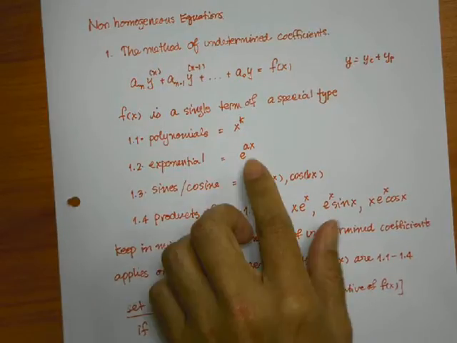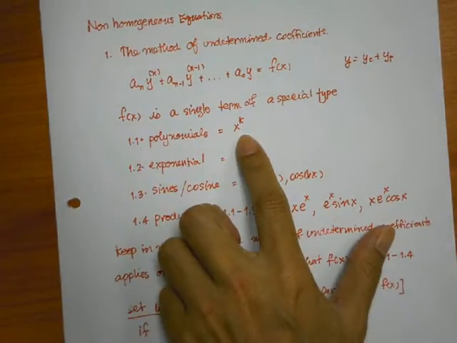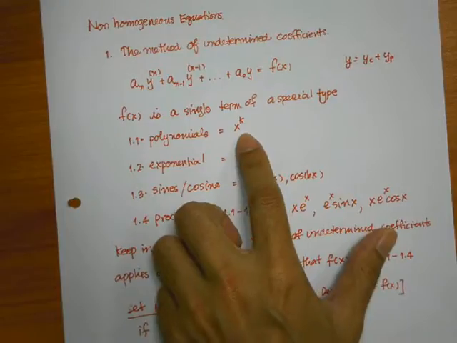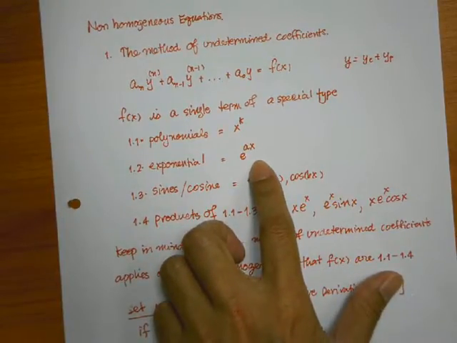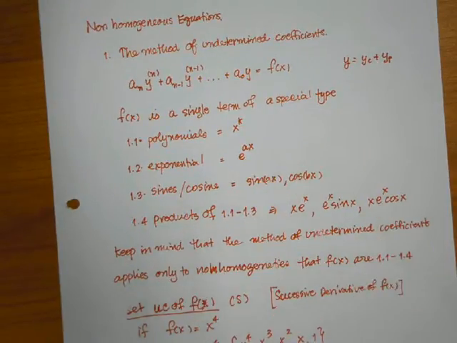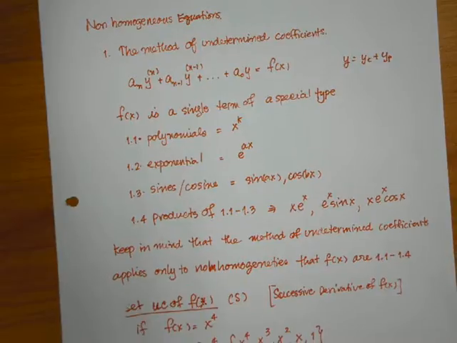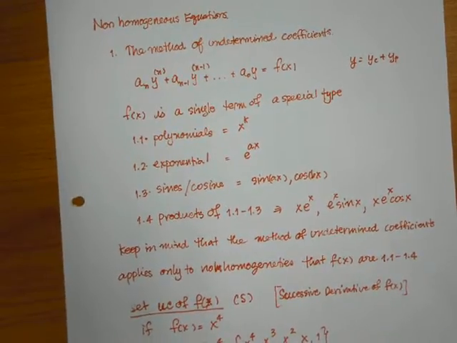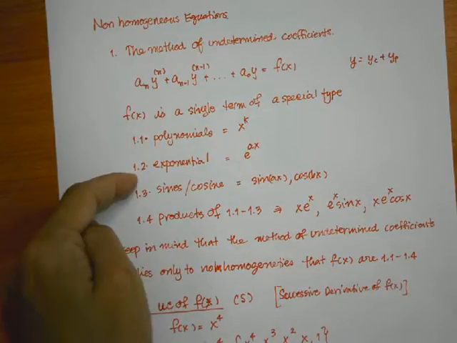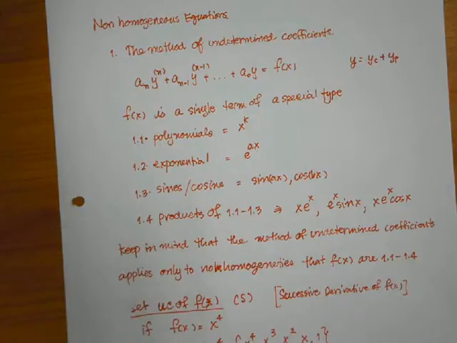You can use it as x to the power k, where k is equal to 0, or you can use exponential of ax, where a is equal to 0. But if you have tan 5x, you can't use this method to find yp. That's the whole point. If you have a constant number, you just try to fit it with some type of function right here, and then you can use this method.